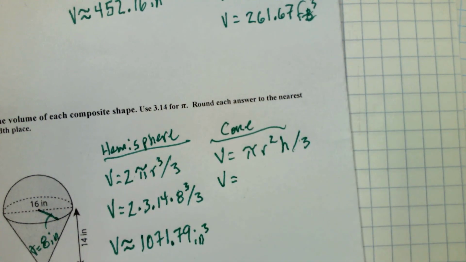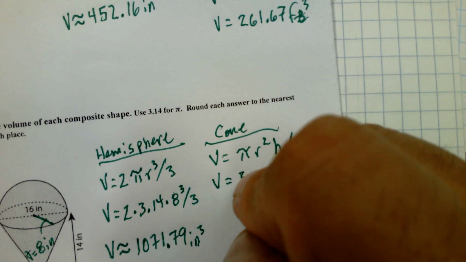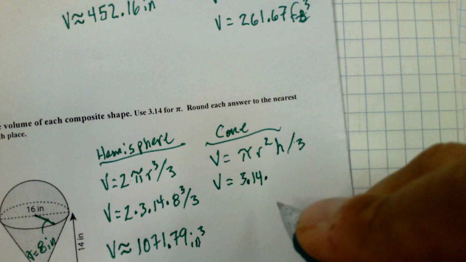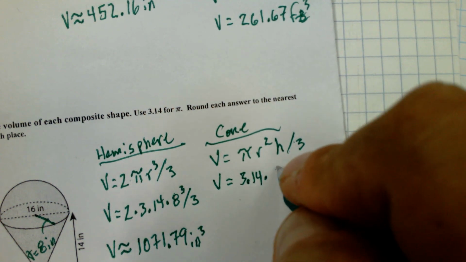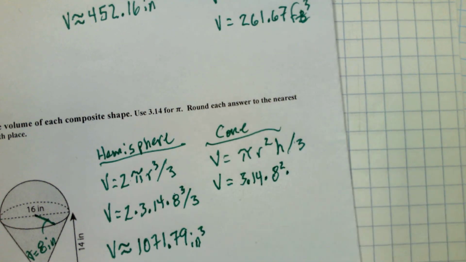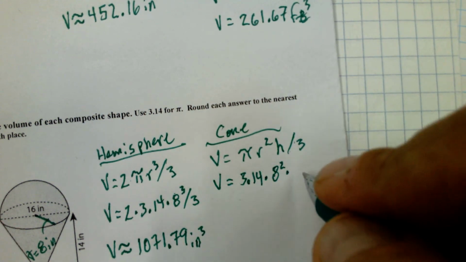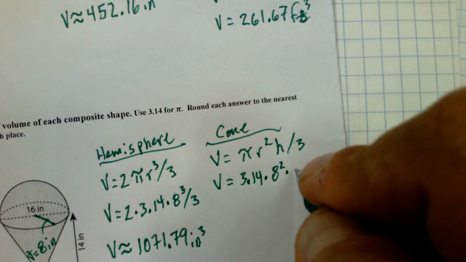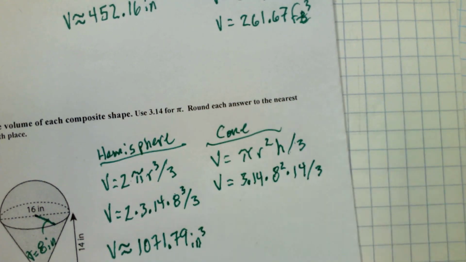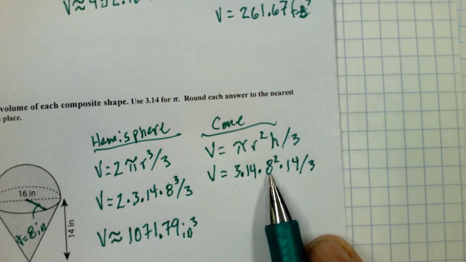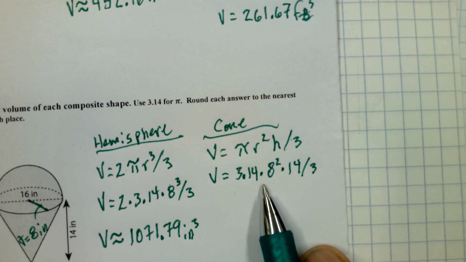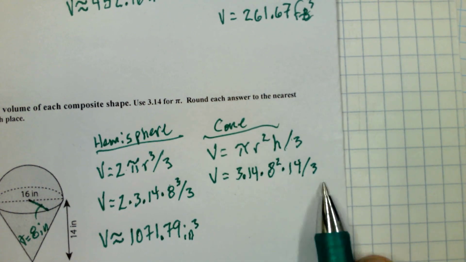So since we want to go straight to the answer, it's going to be 3.14 times the radius, which is still 8 squared, times what's our height? 14. And then divide that by 3. So just remember, 8 squared is what? 64? Yeah. So 3.14 times 64 times 14, divide by 3.